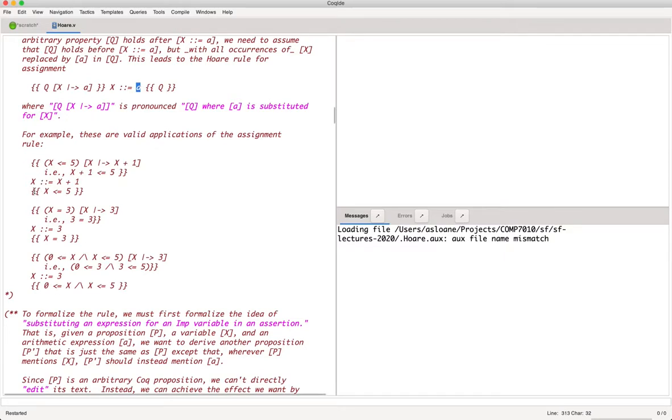So if we have a look at this one, for example, if we've got x := x + 1 as the assignment, and afterwards we want x to be less than or equal to 5, then what we have beforehand is x ≤ 5, so that's the Q, and we're replacing all the x's by x + 1. So what we've really got is x + 1 ≤ 5, which is the same as saying x ≤ 4. So that makes sense, because if x is less than or equal to 4 and you add 1 to it, then afterwards you know that it's less than or equal to 5.